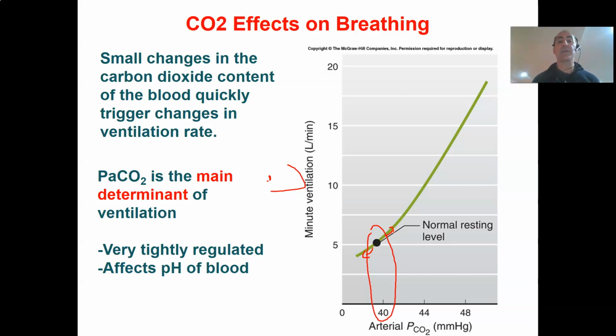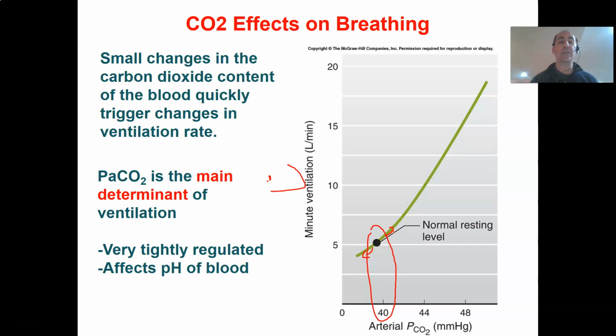And that's because small changes in CO2 affect pH, and pH is one of the most highly regulated physiologic variables in the human body.